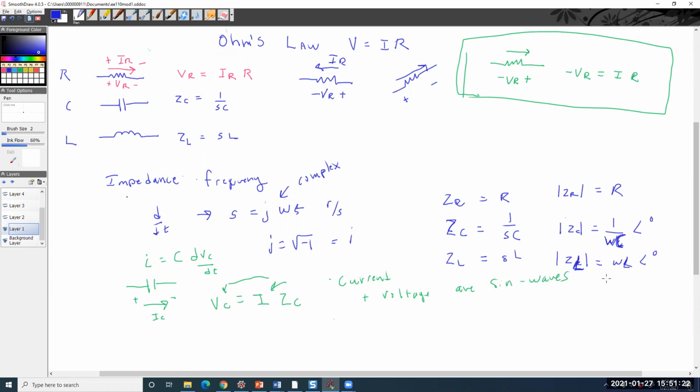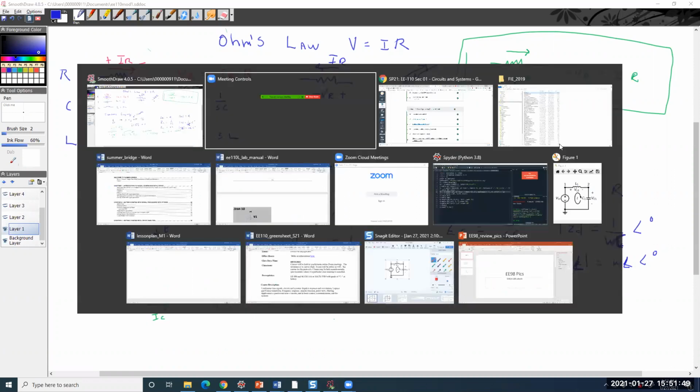Now, sometimes people will use high and low impedance, where people will just call 50 ohms low impedance. People will call 1 mega ohm high impedance as a shorthand when you're using oscilloscopes and things like that. Did that answer your question? Yeah. Okay.